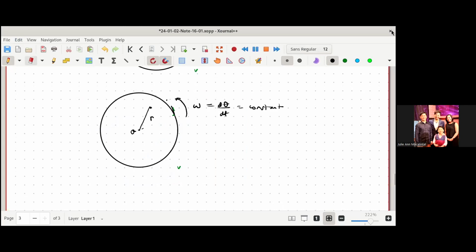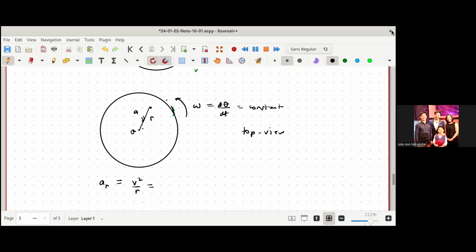And then, ito top view to. So yung side view parang katulad pa rin nung kanina, yung sa car. So, acceleration has to be in this direction. Tapos, yung acceleration is going to be v squared over r.